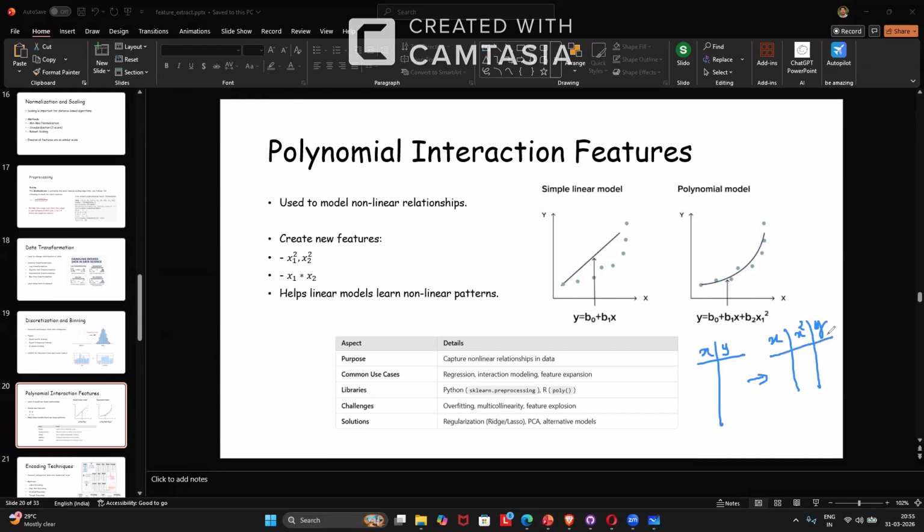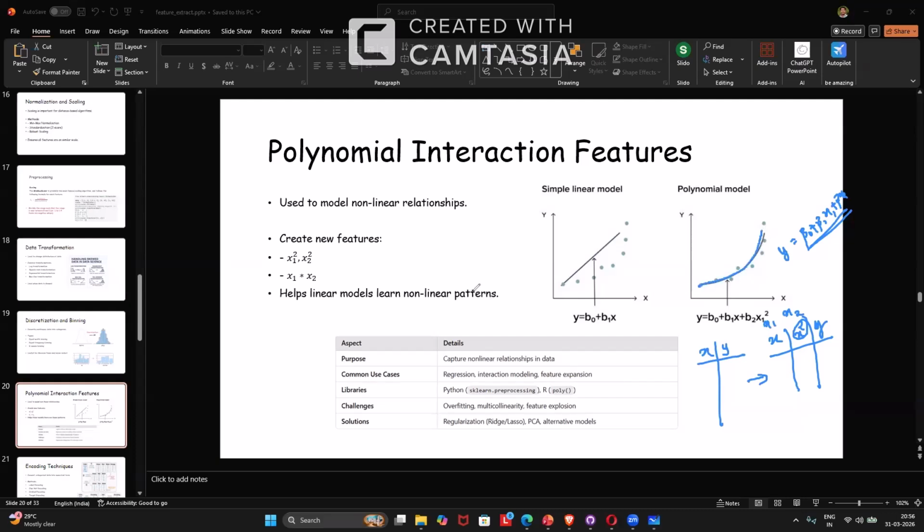Then we again fit a linear model. This will be considered x1, this x2. So y is equal to beta 0 plus beta 1 x1 plus beta 2 x2. This is also a linear model, but here x2 is the square of x1, the square of x. So ultimately, we are able to tackle the non-linearity in the data.